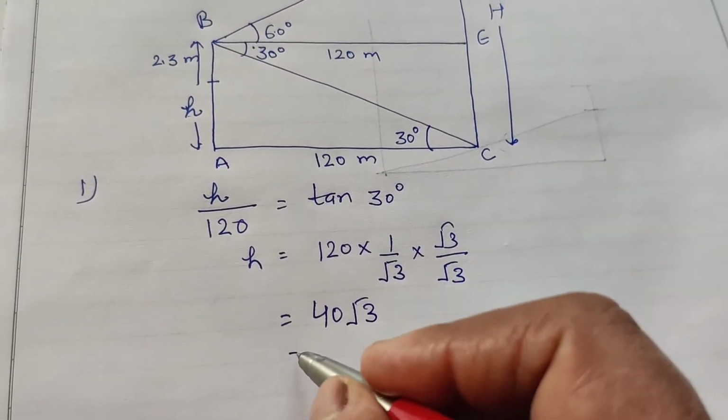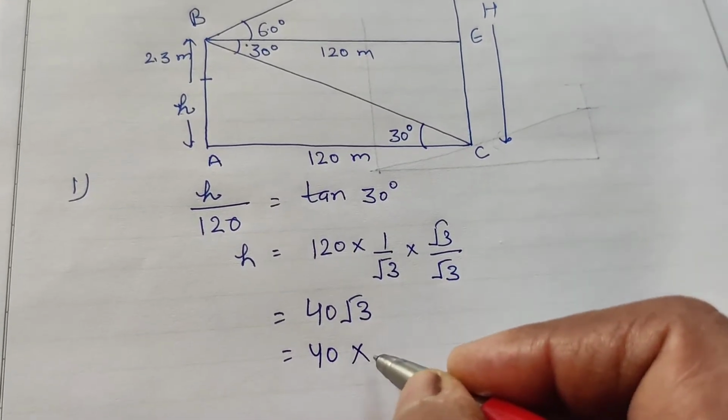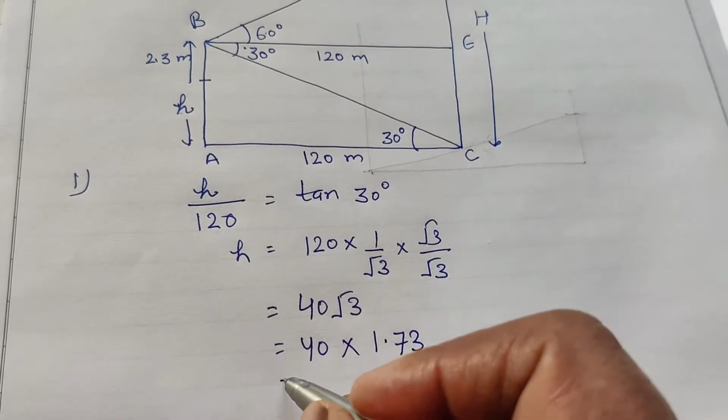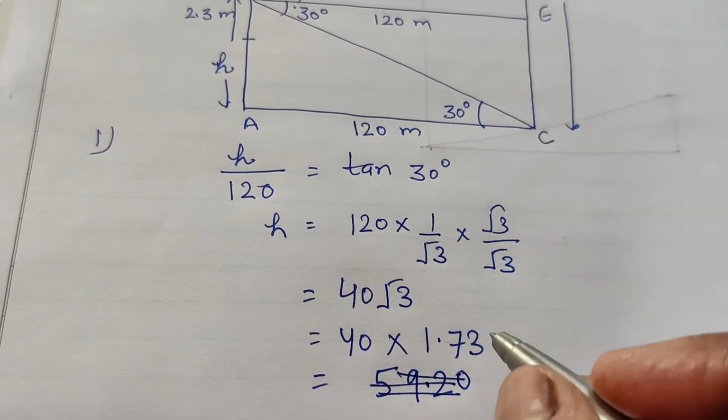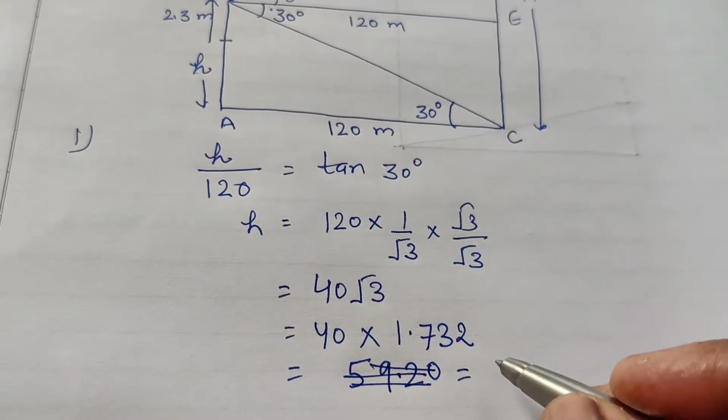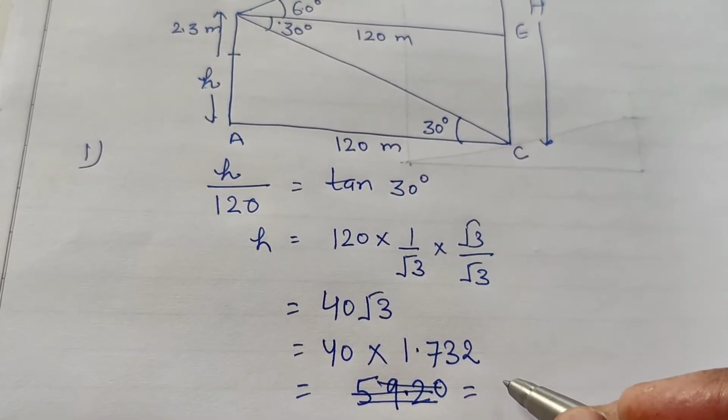Now you can solve 40 root 3. Put the value of root 3 as 1.732. Multiply 40 into 1.732, which is 69.28.